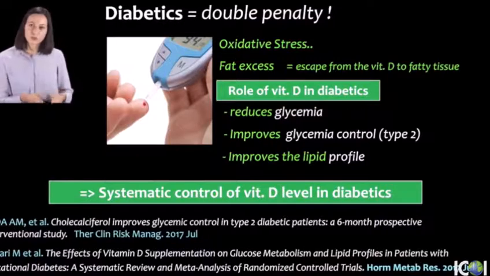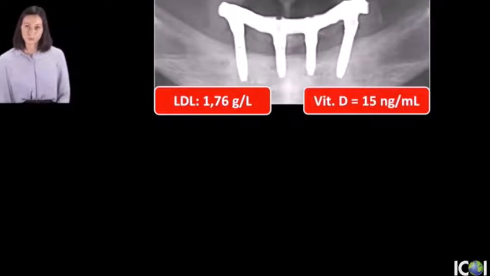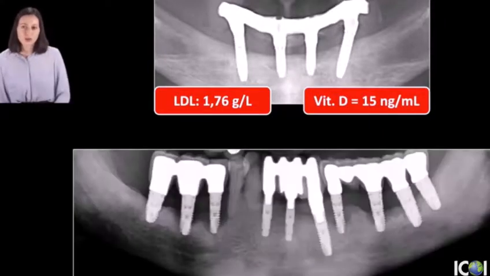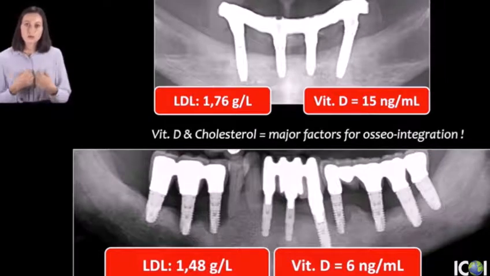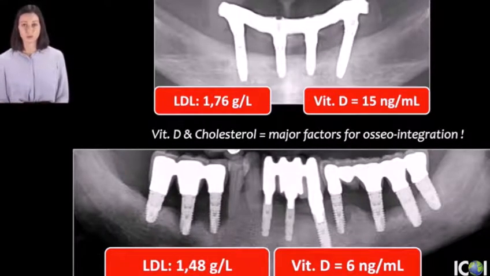Once again, we have to systematically test them and monitor them in vitamin D before surgery. And when we have those types of failures, it is no surprise to find hypercholesterolemia and vitamin D deficiency, because the body doesn't function normally. Vitamin D and cholesterol are major risk factors for osseointegration.